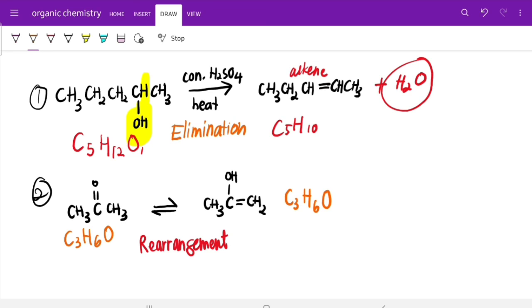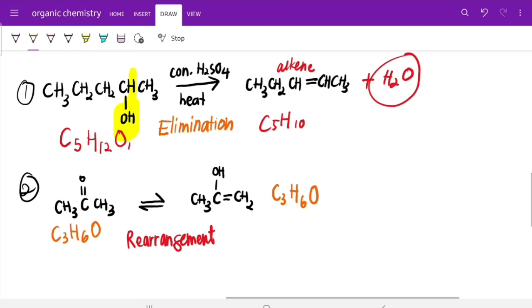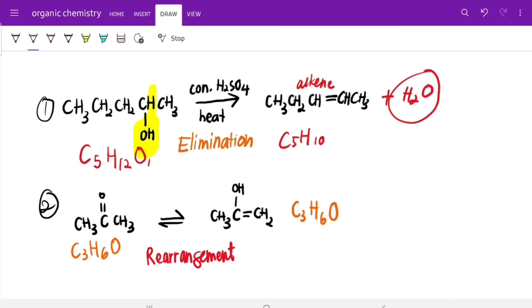We still have the same number and the same types of atoms in the reactants and in the final product. That means it's not addition, not substitution, not even elimination, but it is a rearrangement. So the formation of the double bond is at a different position. That's all for the types of reaction. Thank you.